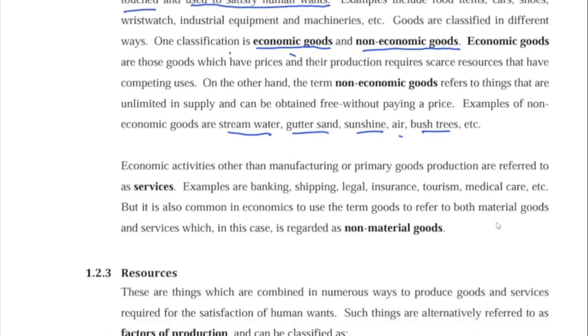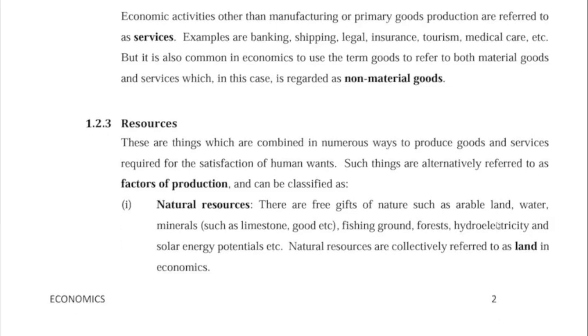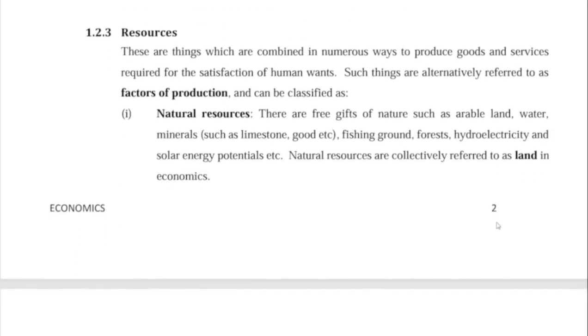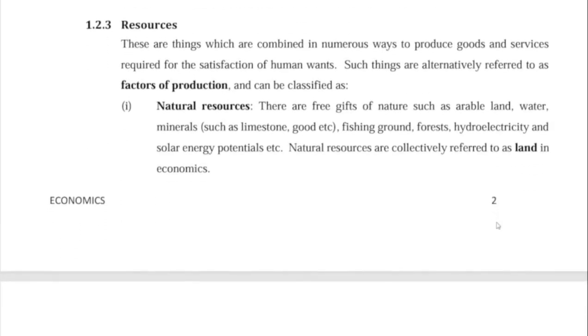Now let's go to the third one, which is resources. Resources is talking about scarce means, which is also your means. There are things which are combined in numerous ways to produce goods and services for the satisfaction of human wants.